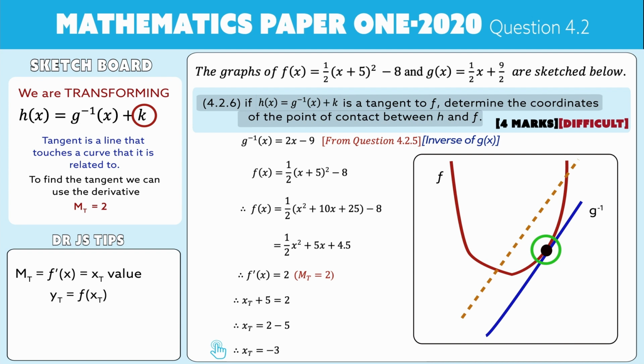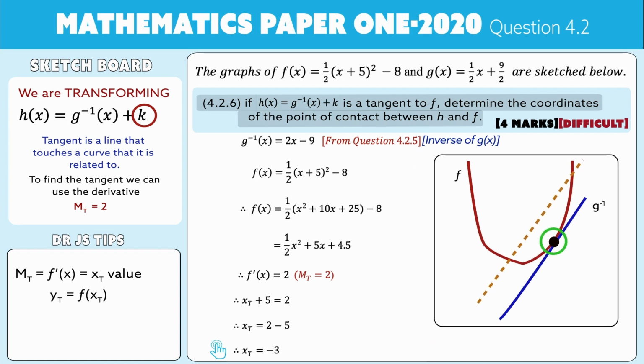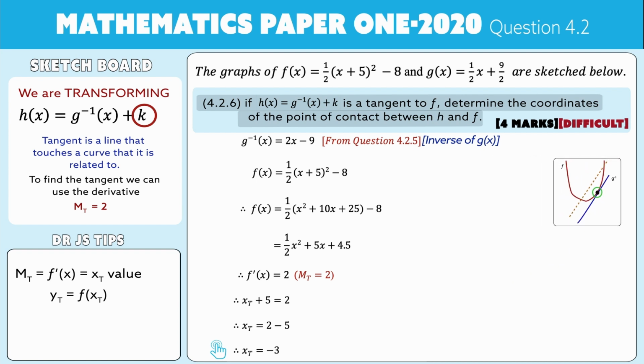If I now go back and find the y value of the point, I can pretty much put it anywhere I want, but I am going to put it into the parabola. So f of negative 3, because that point lies on the parabola. So I don't need to solve for k. If I do not put it in the parabola, then unfortunately I've got to go and find the k value.